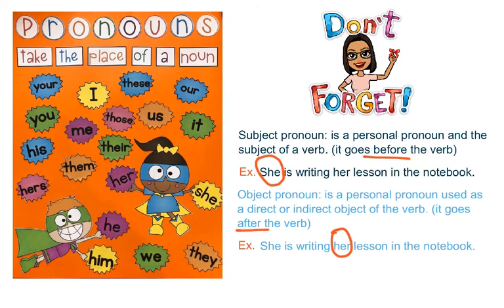Here is an example sentence. She is writing her lesson in the notebook. She is the subject pronoun. And if we want to identify the object pronoun in the sentence, this one is the verb, which is writing. So this one is the object pronoun that they used in the sentence.